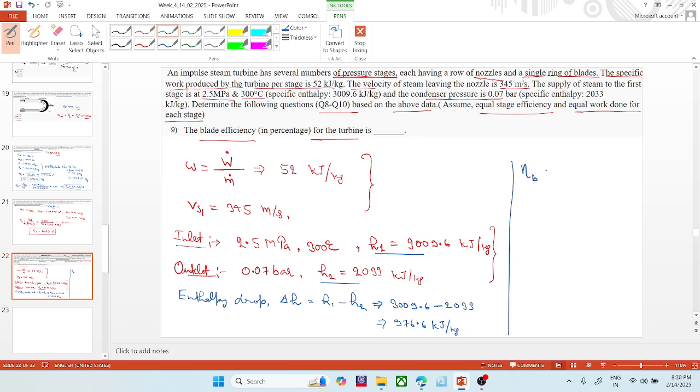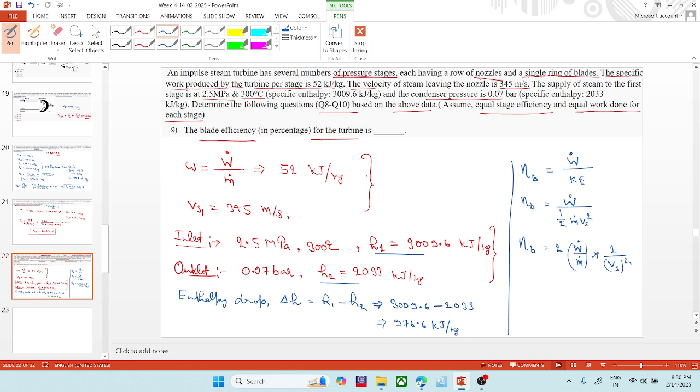eta B, and the expression we know is that it would be the ratio of power divided by kinetic energy. That is W dot divided by half m dot Vs square. If we simplify it, then we get 2 into W dot by m dot into 1 upon Vs square.